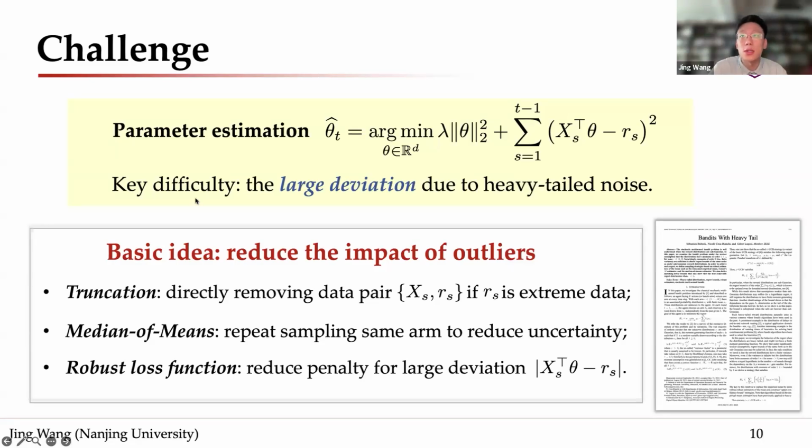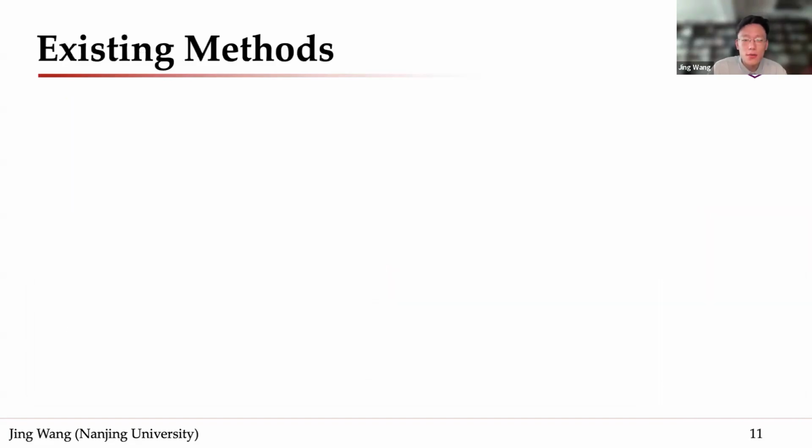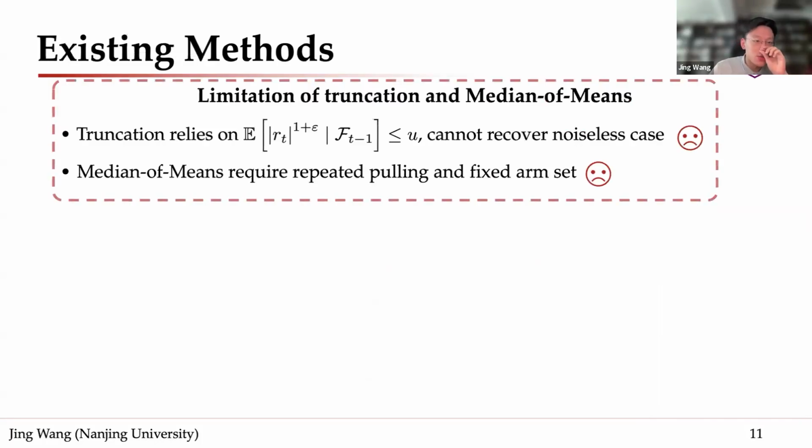Before, we used least squares based on quadratic loss, and here we would like to choose some other loss that has reduced penalty for large deviation, but enough penalty for normal data. The existing methods have some problems, for truncation and median of means. The analysis of truncation always relies on an assumption on the reward. Notice that before, we focused on the heavy-tailed noise assumption on the noise eta, so we assume the 1 plus epsilon moment of eta is bounded.